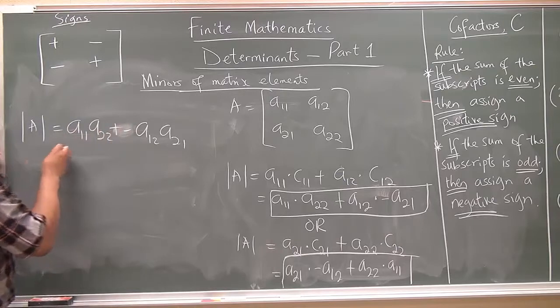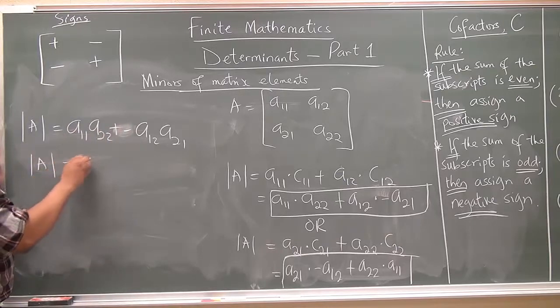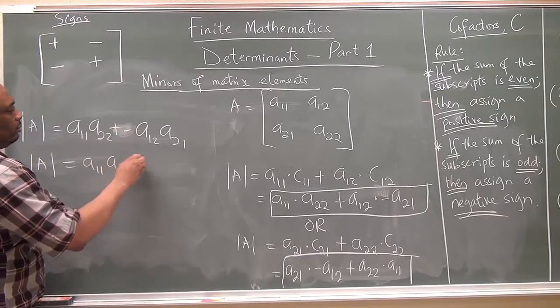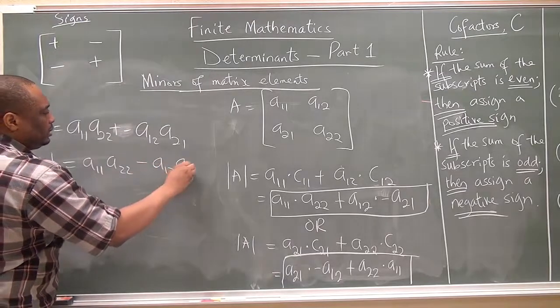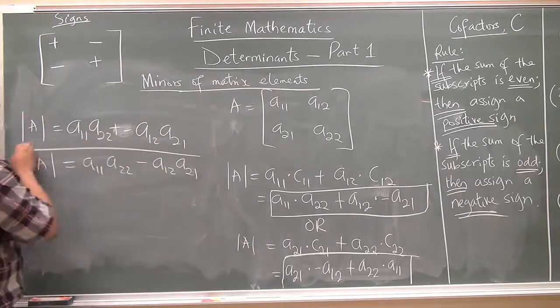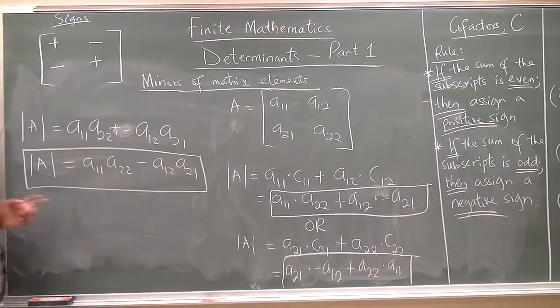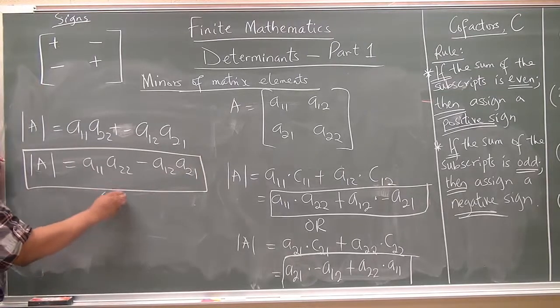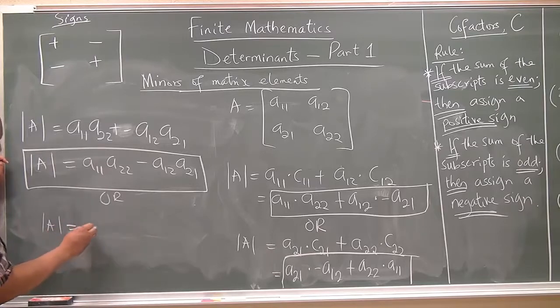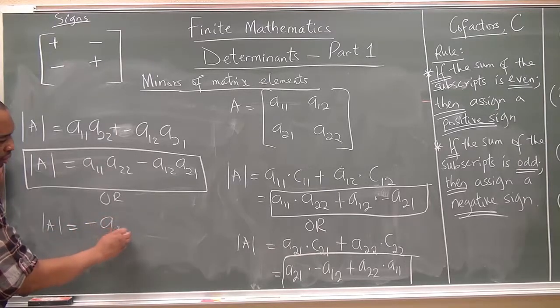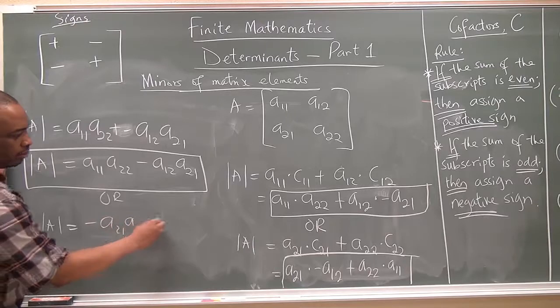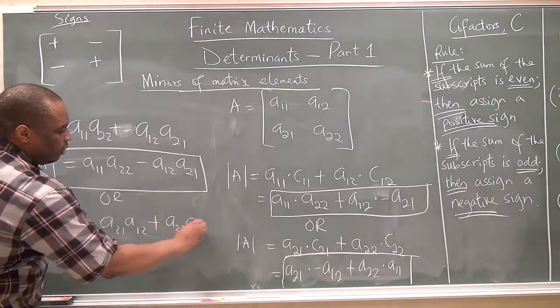I can write it again. Determinant: A11, A22 minus A12, A21. Or the determinant is negative A21, A12 plus A22, A11.